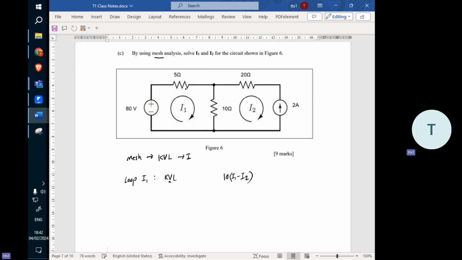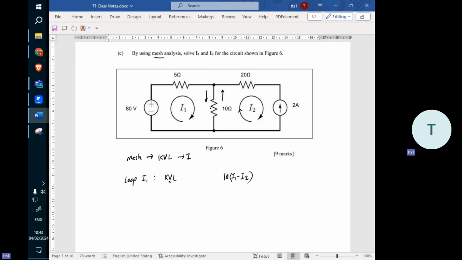If you consider I1 in this direction, I2 is in the opposite direction. From I1's point of view, I1 is going down, I2 is going up. So it is I1 minus I2, times 10. This resistance is between these two currents, so we need to find the difference. We presume that I1 is larger than I2, so I1 minus I2.